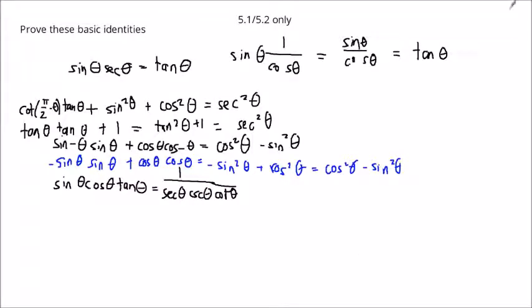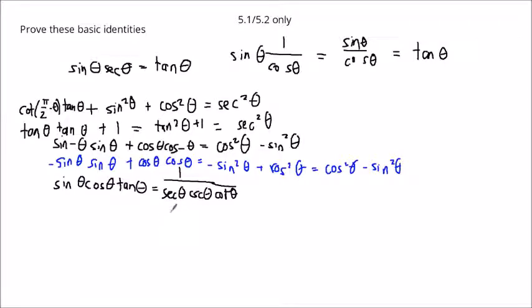Okay, anyways, we're back. We have our sine theta, cosine theta, tan theta equal 1 over sec theta, CSC theta, cotangent theta. Now, if you prove the identity, you can use any way you want to prove it. You can go from the left or the right. So I'm going to go from the right here.